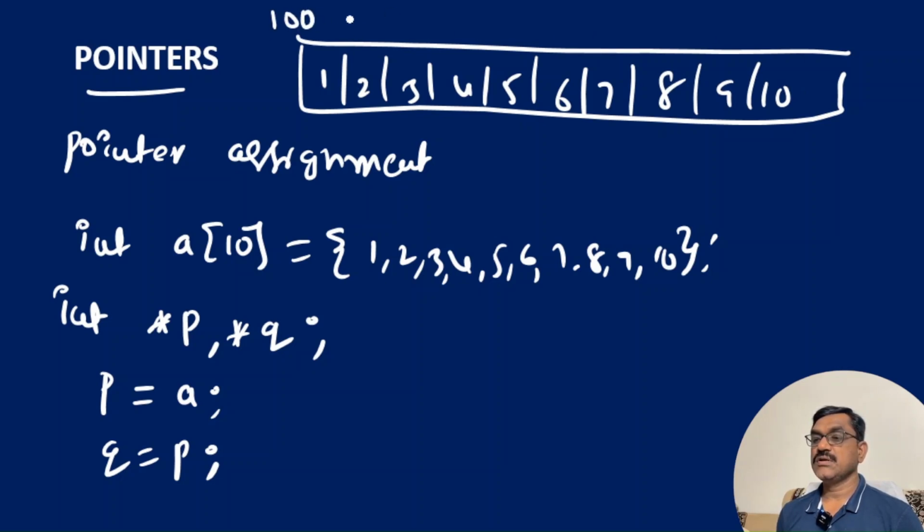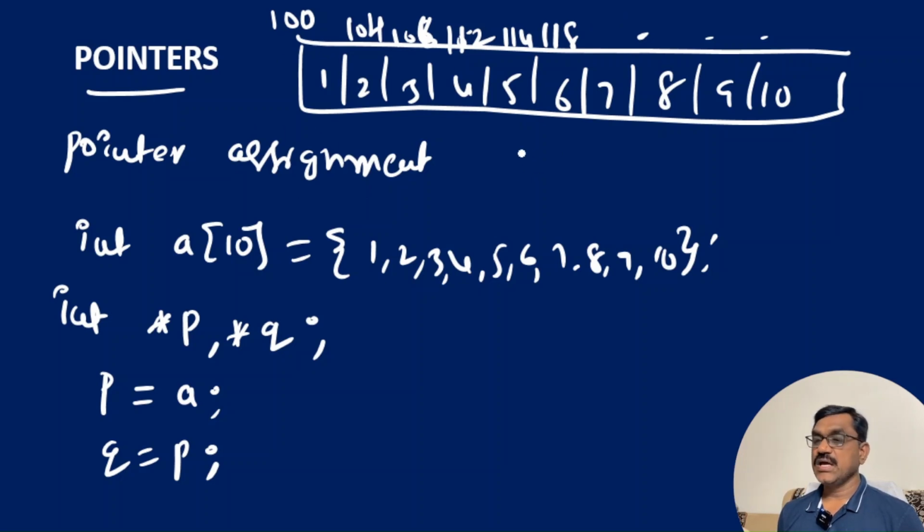Assume that this is 100, 104, 108, 112, 116, 118, like this, and so on. Why? Because the addresses are 100 and 104. Why? Because an integer takes 4 bytes of memory. So that's why it is incremented by 4.